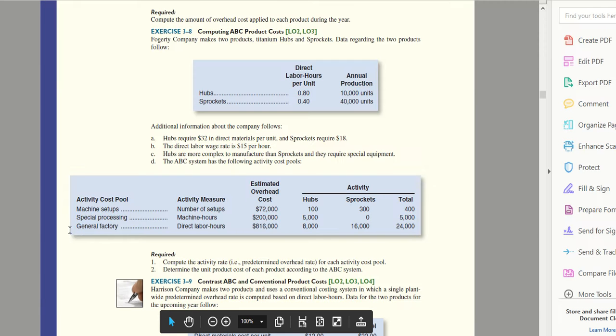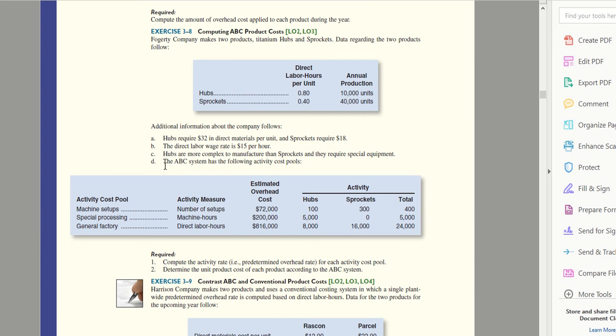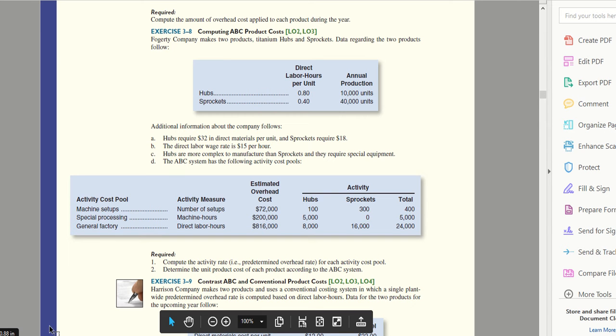Direct labor on a per unit basis, the direct labor wage rate was $15 per hour. So if I use 1 hour, it'll cost me $15. Well, how much does one unit of hub use?